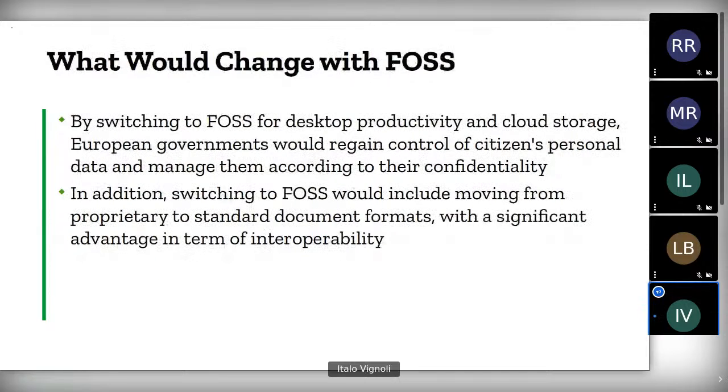What would change with free open source software? European governments would regain control of the citizens' personal data and manage them according to their confidentiality. Of course, you have to implement and deploy a secure infrastructure. You have to deploy something which is not easy to deploy.